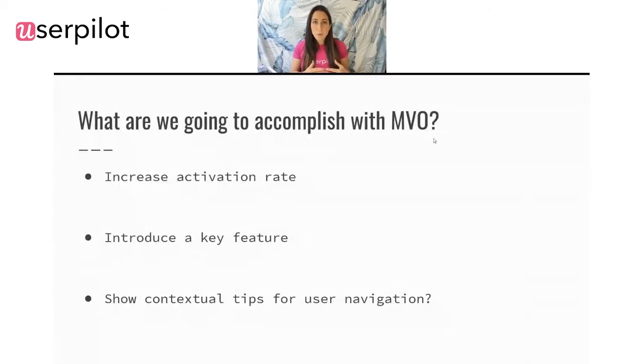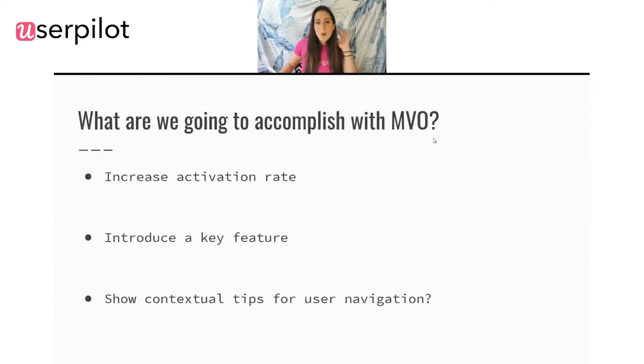And the third thing that we're going to do is show contextual tips and hints for their navigation, right? This is where they're going to be learning about your product and understanding the value of your product a little bit more along their way. But these contextual tips and hints are not going to invade their onboarding process, right? It'll be information that's valuable and available to them. However, it's not going to hinder or interrupt their onboarding process.